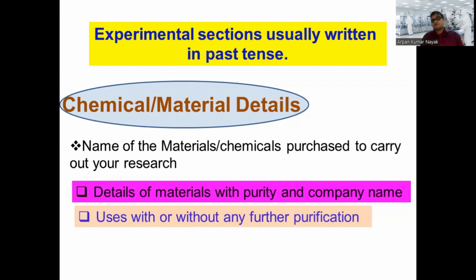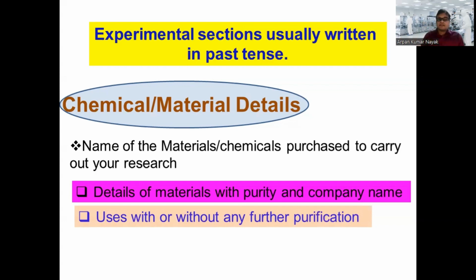Or if you are doing some modification, then you have to write completely what modifications you did. If there is no modification, like suppose in some chemical reaction you took iron powder directly from the bottle and used it for your preparation, then definitely there is no further purification.